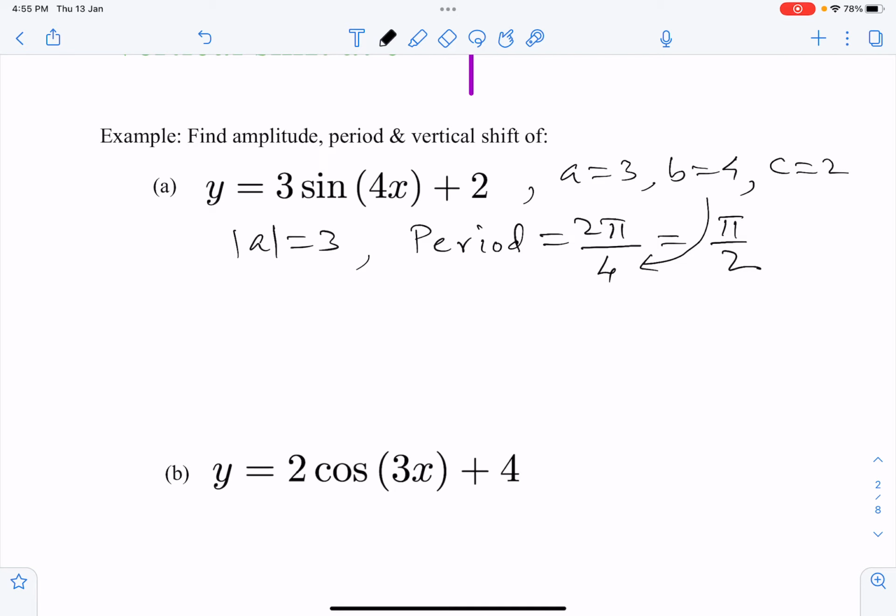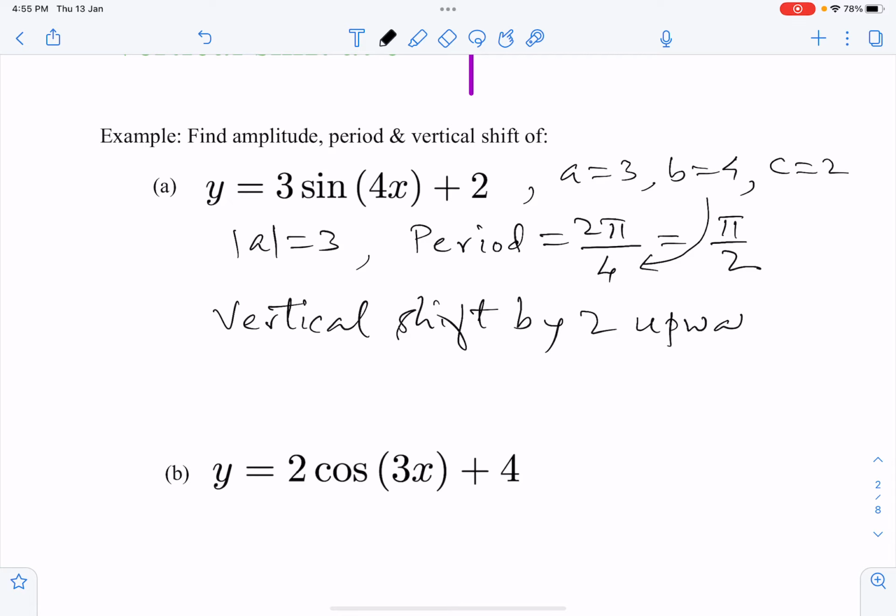And this 2 is causing the vertical shift. So vertical shift by 2 upwards. Okay. Or you can also say there is a translation of 0 and 2.